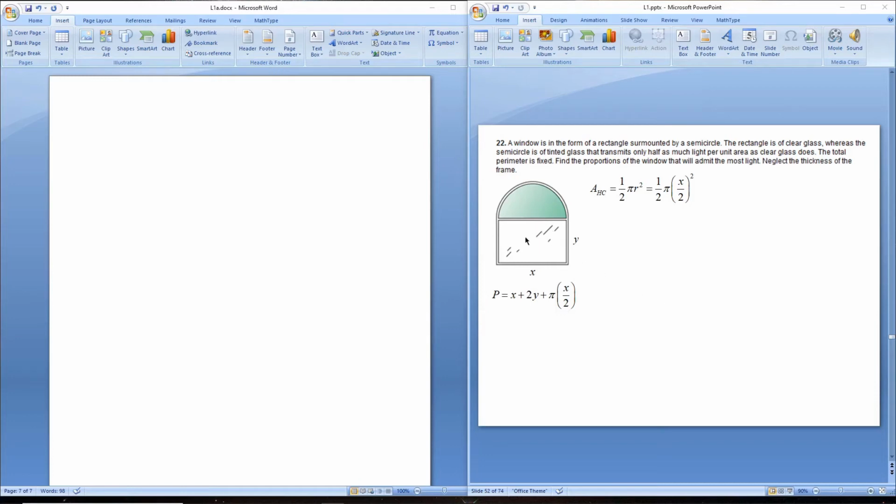And then what about the rectangle? Well, you know that that's x times y, the area of a rectangle. And so this is looking pretty good. We have a perimeter, area of the rectangle, area of the half circle. Now the half circle is in terms of one variable, so that's good. The area and perimeter, though, have two variables, so we'll have to do a substitution.